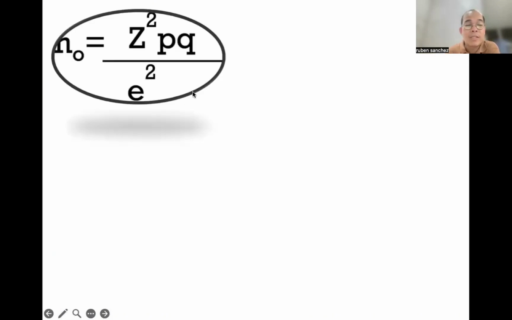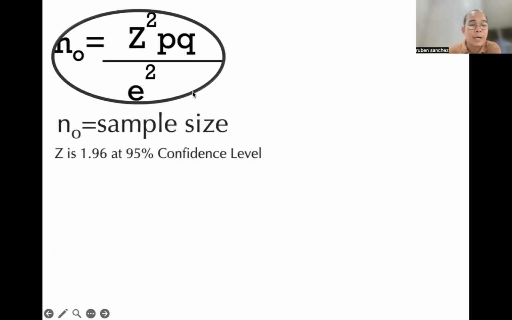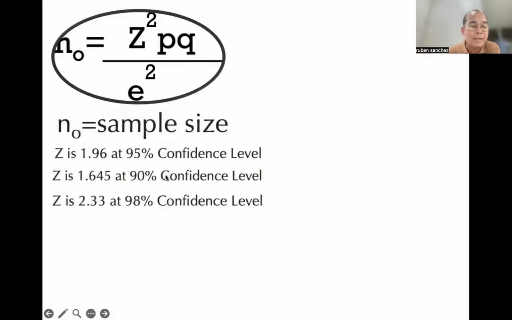So using the Cochran sample size formula, we have here the critical values, the Z values given the confidence levels. I'll just provide the corresponding Z values given the confidence level. In our example, the confidence level was 95%. Therefore, the Z value is 1.96. We'll just substitute this in the formula.